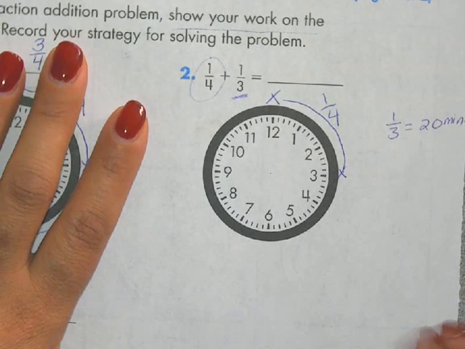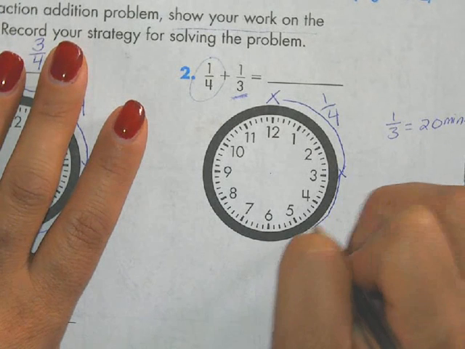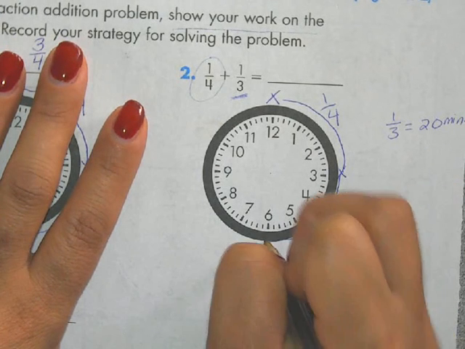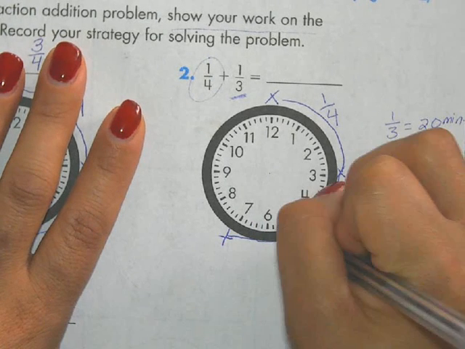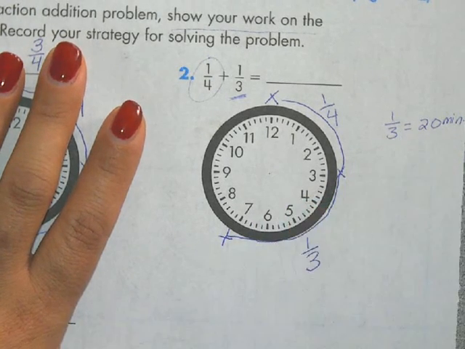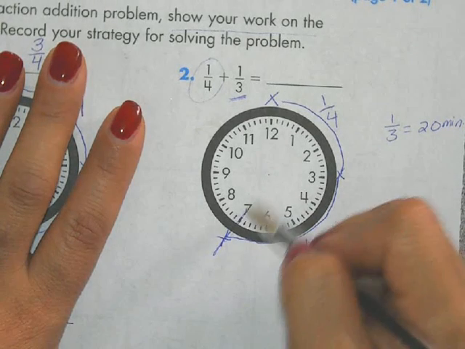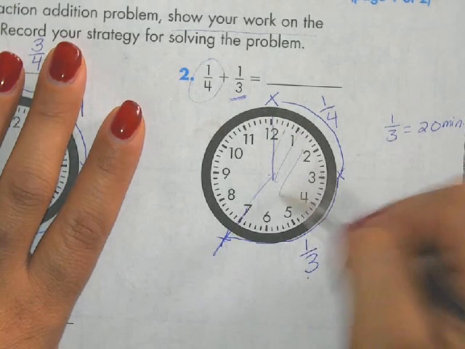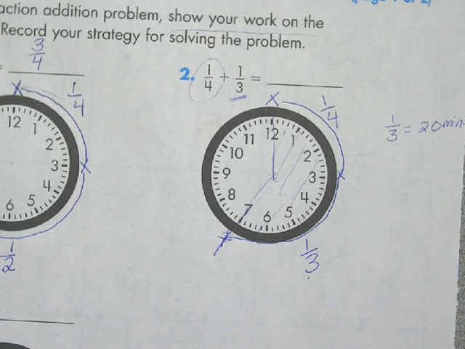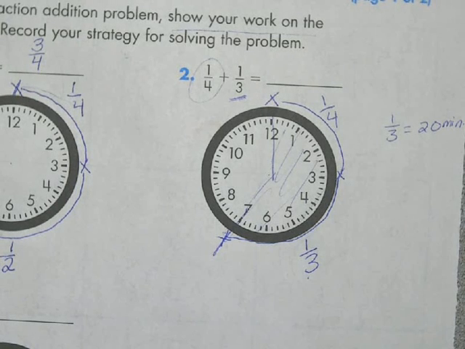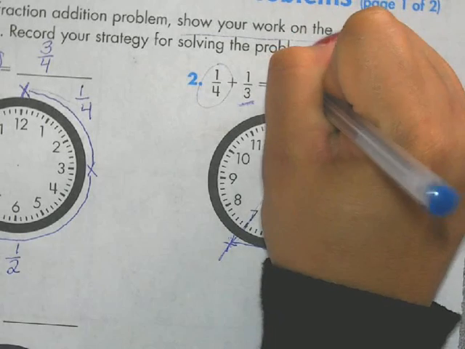So if I know 1/3 is 20 minutes, then I can use my clock and I can say, okay, 5, 10, 15, 20. I'm going to stop at the 7 because that's a third. So I'm done. I've got a 4th plus a 3rd. All of this is my answer, but what fraction is that? Jackson. 7/12. Very good.